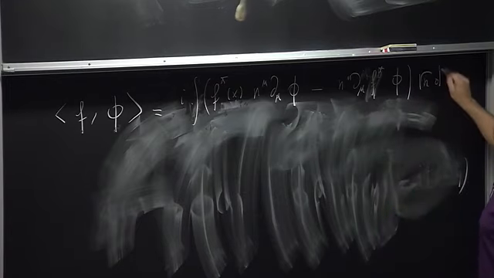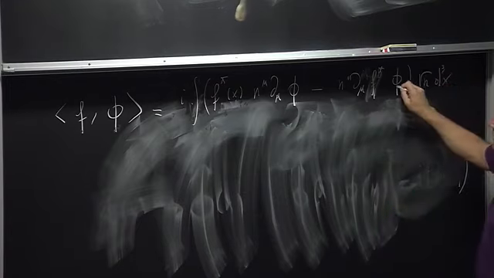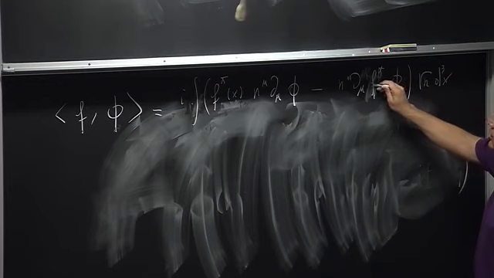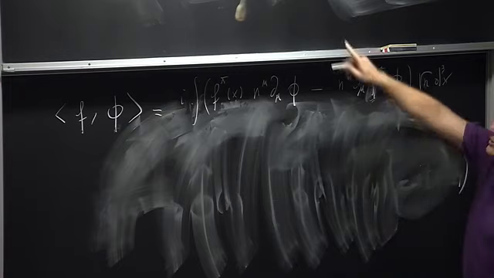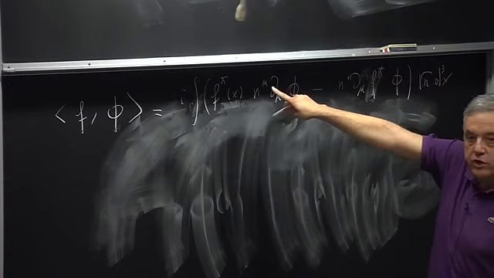This is the quantum field, and this is a classical solution, okay? It's clear? This is a classical solution. This is the quantum field satisfying those equal time commutation relations.